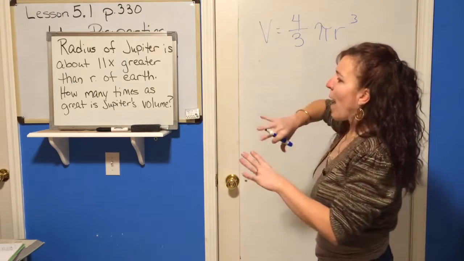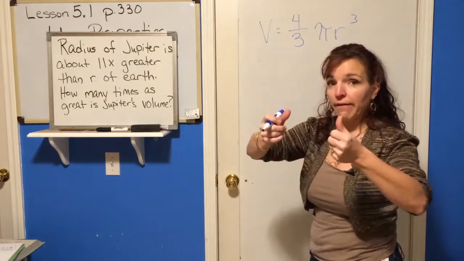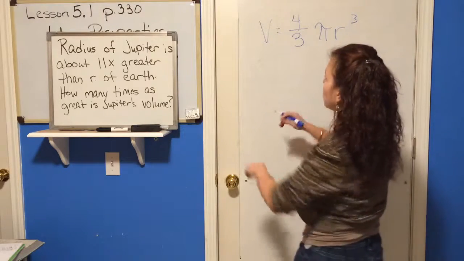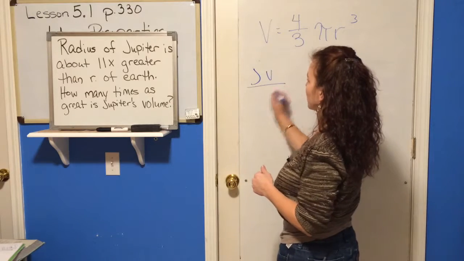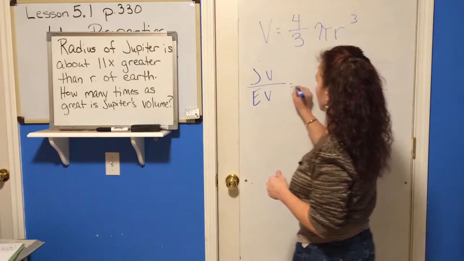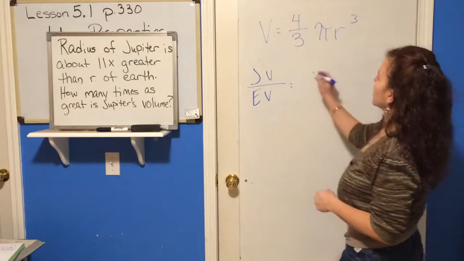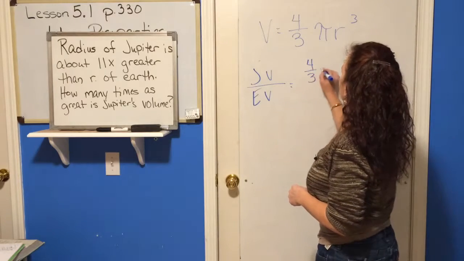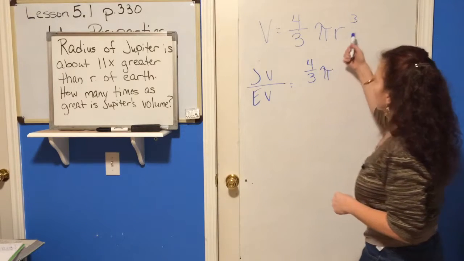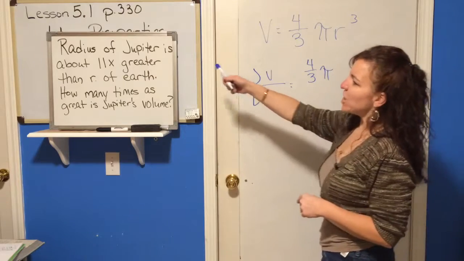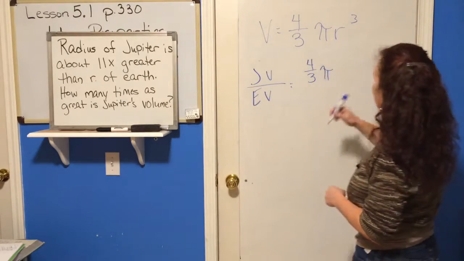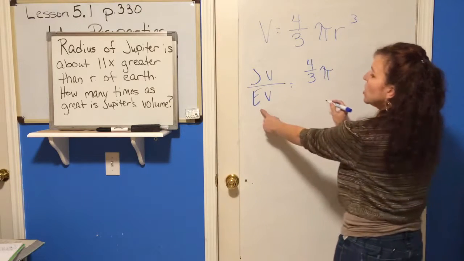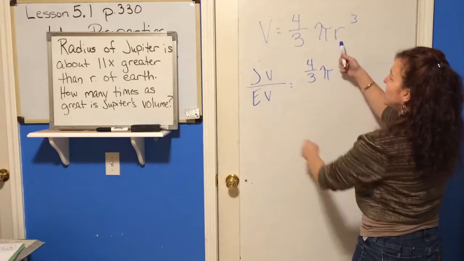So if you want to know how many times as great is Jupiter than Earth, you're going to put Jupiter's volume on top divided by Earth's volume. So Jupiter's volume is 4/3 pi times its radius cubed. And we said that Jupiter is 11 times greater. The radius is 11 times greater. So let's call Earth's radius r.